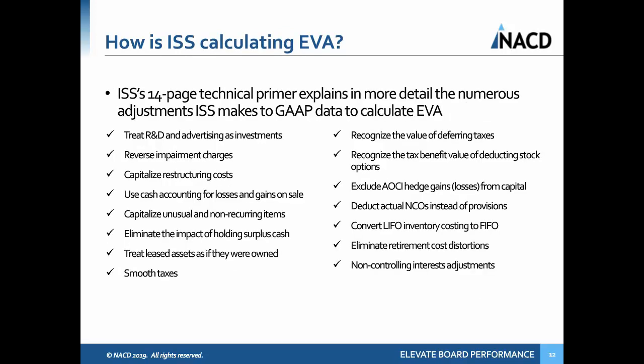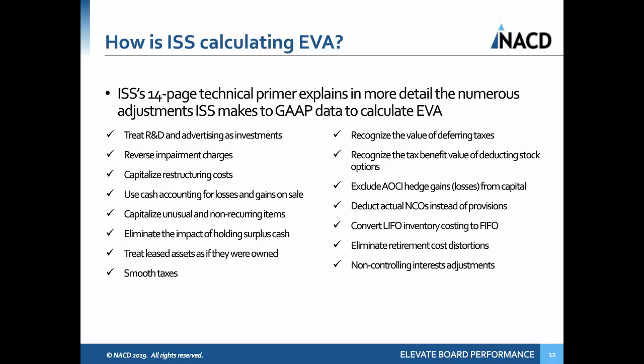So how is ISS actually calculating EVA, and what do these adjustments look like? Back in February, ISS issued a 14-page technical primer explaining EVA at a high level, plus some detail around all of the adjustments that ISS makes.